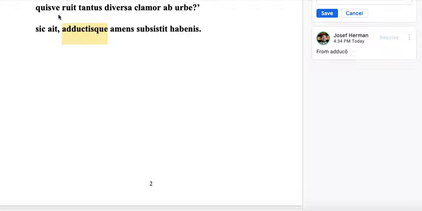So or, what cry, quis clamor, what cry, and this is the subject, quis and clamor are nominative, what cry, tantus, so great, so what great cry rushes, that's the verb ruit, what great cry rushes from, that's ab plus ablative, the urbe, from the city, and the city is described as diversa, which in this context means far off, or distant, or far away.